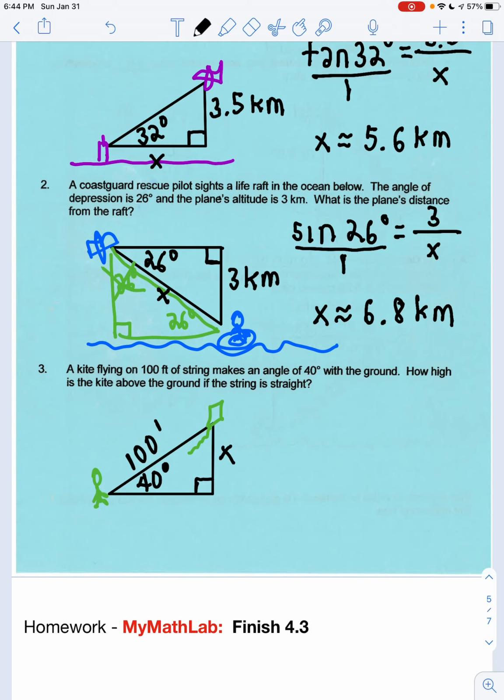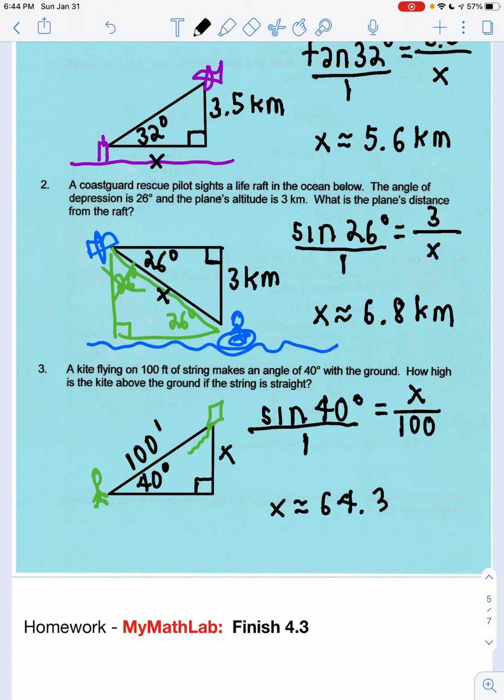So now the hypotenuse is involved. It's the side opposite, so again, it is the sine. And the sine of our 40-degree angle is opposite x over hypotenuse 100. Make it a proportion, solve it. You should get about 64.3 feet. I hope that helps.